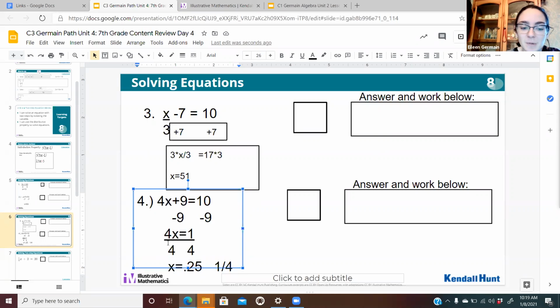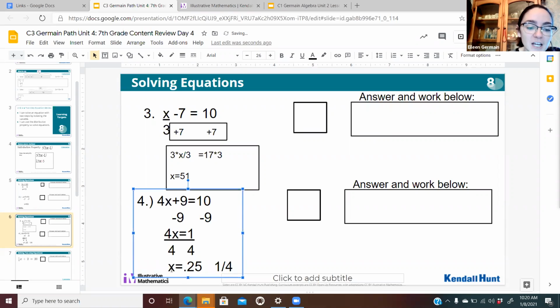And then to get the x by itself, we need to divide by 4. You can write your answer one of 2 ways. Awesome job, Faith. I'm so proud of you. X is equal to 0.25, or you can leave it as a fraction of 1/4. Perfect.